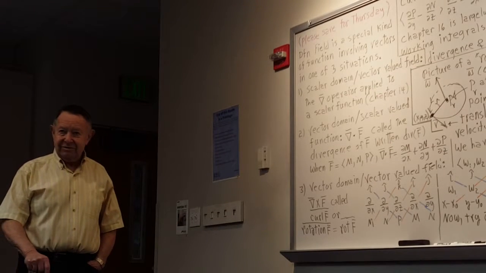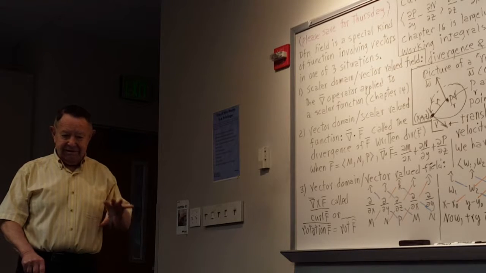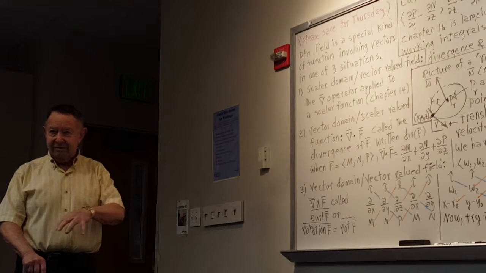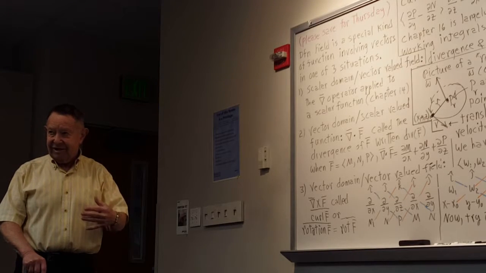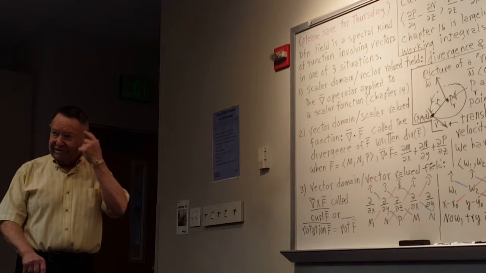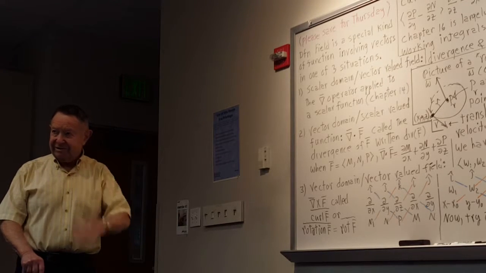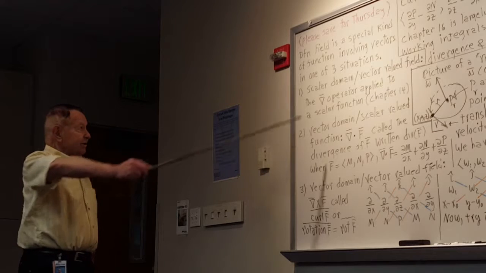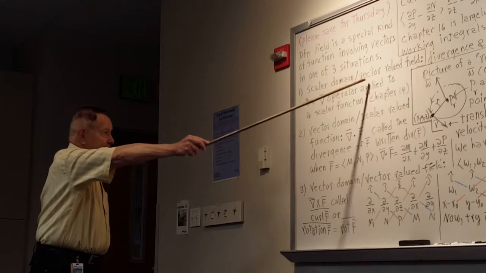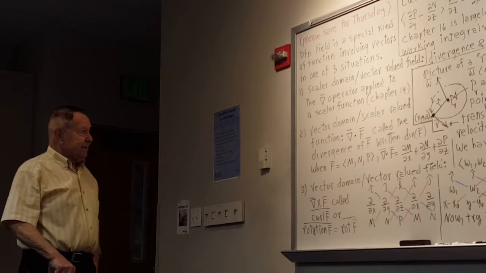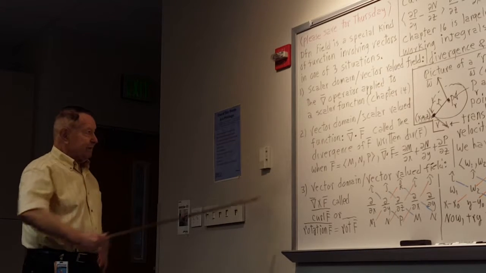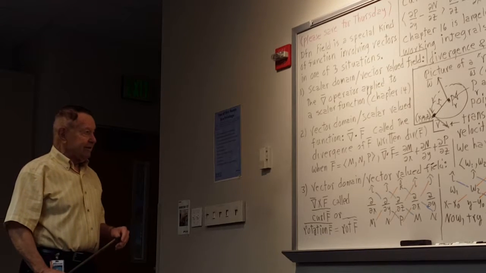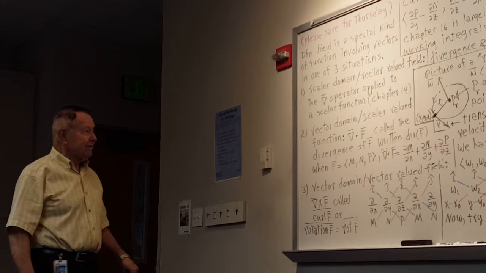You do the gradient, and at any point you're taking the scalar coordinates of the point and pairing that with a vector value, which is an arrow that points, if you remember, normal to the surface at that point. So that's a scalar domain, vector valued field: the del operator applied to a scalar function. Anything you did in chapter 14 with getting the gradient is that kind of thing.